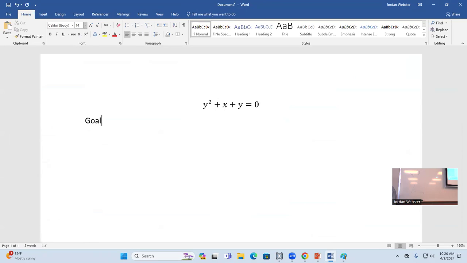So the goal is to get this into standard form before looking for the vertex, the focus, and the directrix.